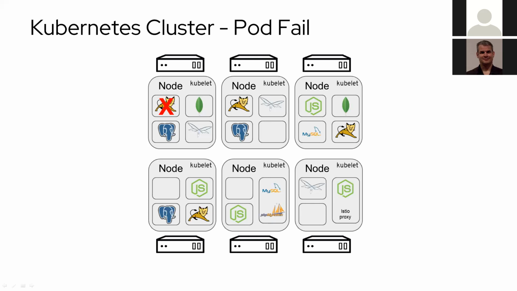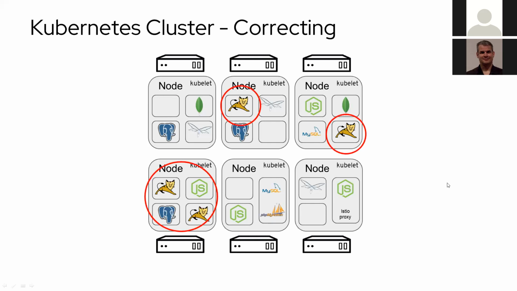And so when we have a pod failure, Kubernetes or OpenShift will just reschedule that onto another one of the worker nodes within the cluster that has capacity to take that. And so that really helps out with the user experience.